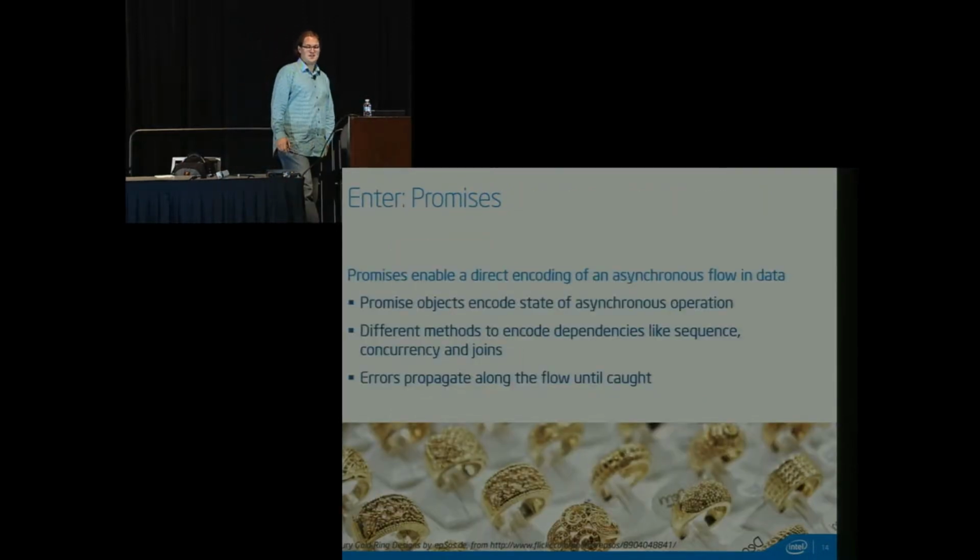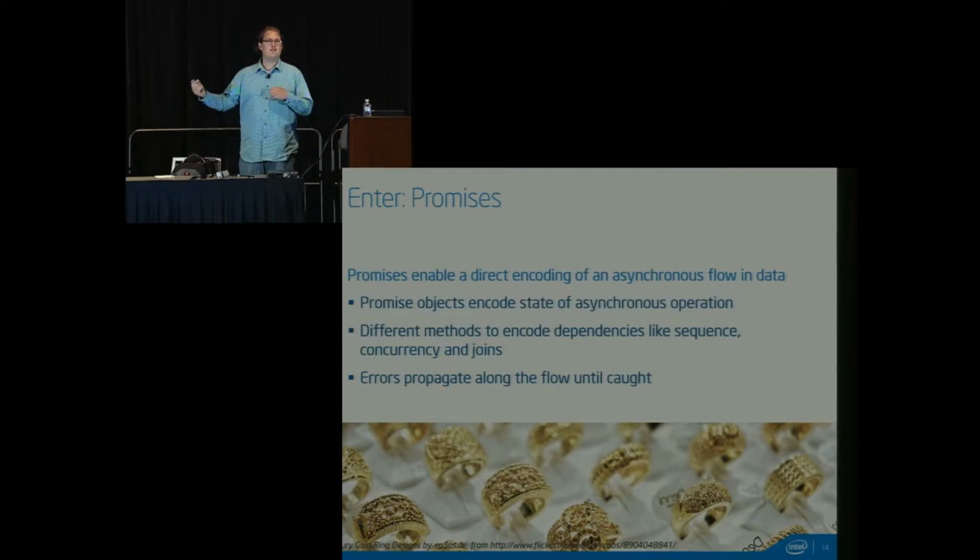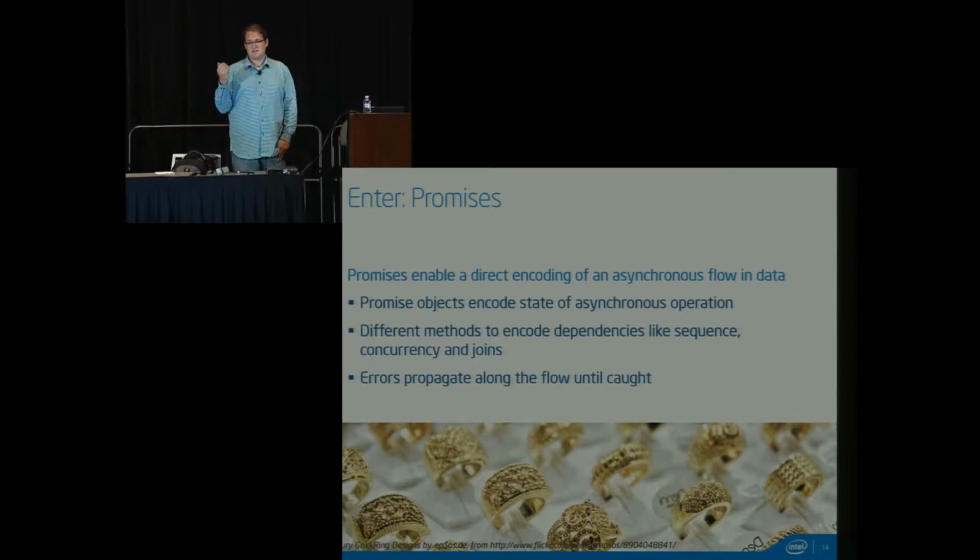So promises. What are promises? I see promises as a way to directly encode the asynchronous flow of your application in data instead of having these callbacks in your code. So essentially what you do is you have promise objects, and they encode the state of an asynchronous operation, whether it's still pending or whether it has completed.